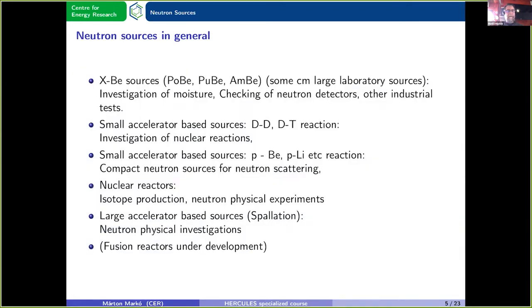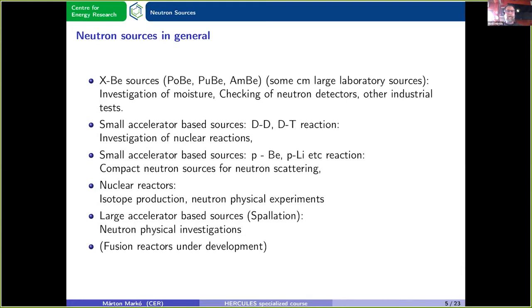From the very low intensity to the higher intensity, there are the handy sources. It's an alpha decaying isotope and beryllium. Mostly it's polonium, plutonium, or americium-beryllium sources, where the alpha particle reacts with the nucleus of beryllium, and the beryllium will emit neutrons.